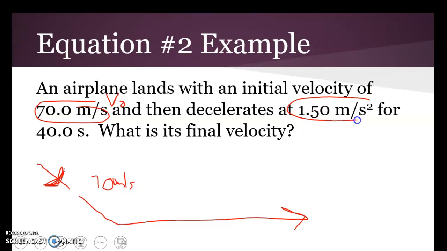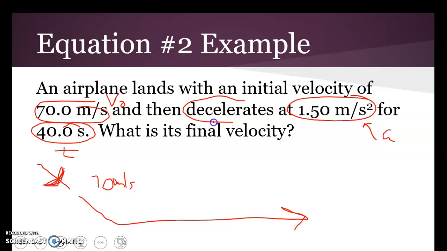Our acceleration is in meters per second squared units, so we know it's going to be 1.50, and this is going to be our a. And then we know 40 seconds is our time. We're in meters and seconds, so everything's good. We don't have to do any kind of work with the units.